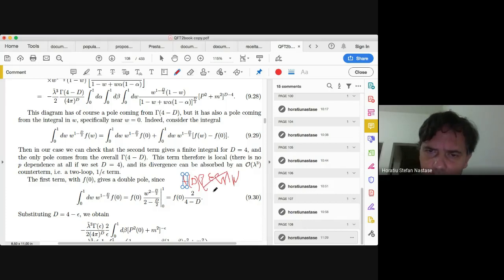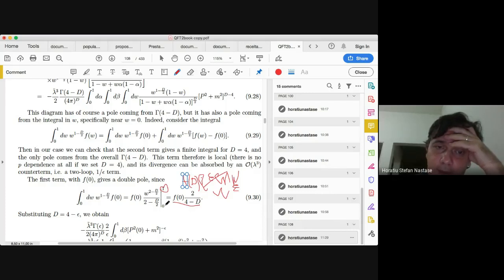So I just write this as w to the epsilon, and epsilon is small but fixed, and then w goes really to 0. So then this f of 0 is multiplied only with the term w at 1 for this integral, and gives really this result, f of 0 times 2 over 4 minus d.